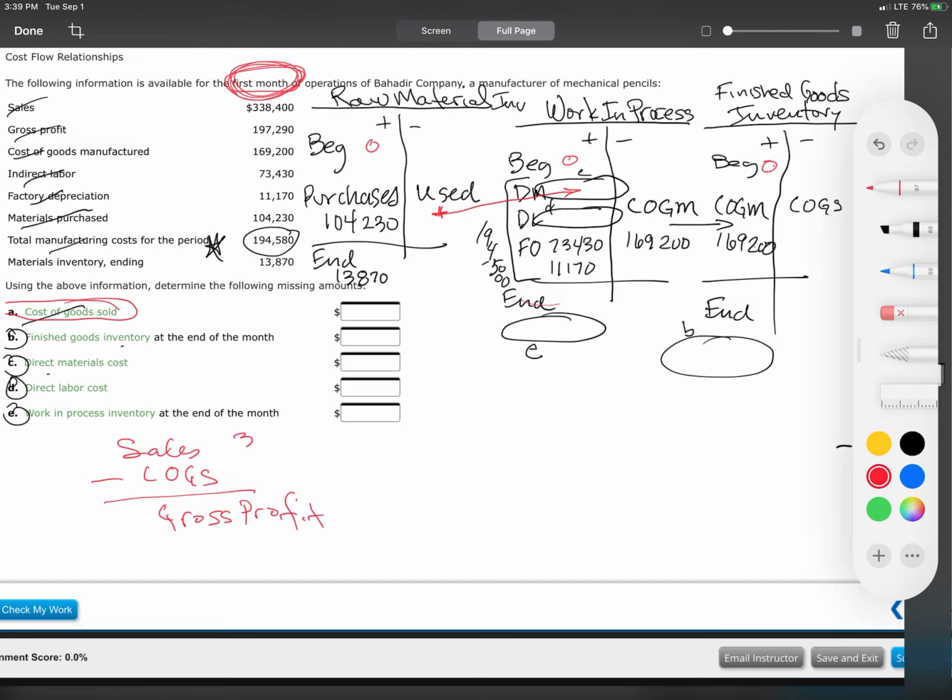They gave us the sales, 338,400 right here, and they gave us the gross profit of 197,290. So you have to calculate this, put it up there, and then you can get this, the ending finished goods inventory.